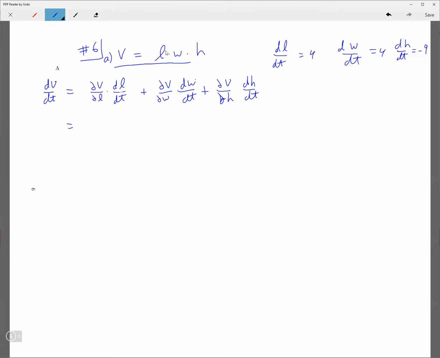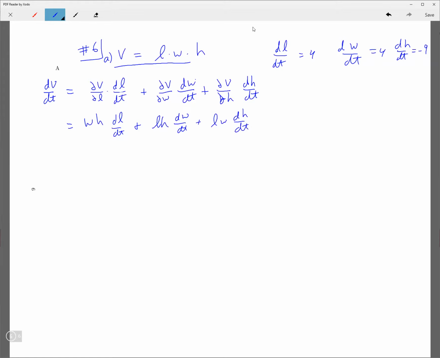You basically have a constant times L, so the derivative is just WH. The partial of V with respect to W is LH, and then dW/dt. And the partial of V with respect to H is just LW, dH/dt.